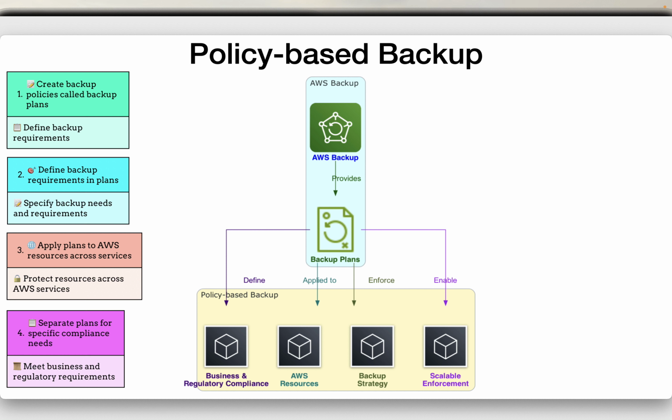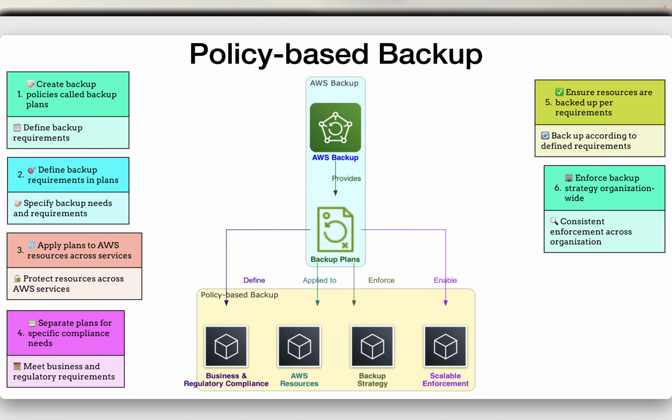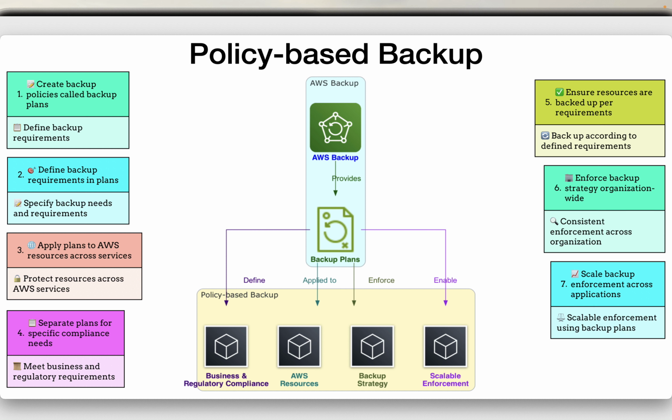You have the flexibility to create separate backup plans, each meeting specific business and regulatory compliance requirements. This approach helps ensure that each resource is backed up according to your defined requirements. Backup plans make it easy to enforce your backup strategy consistently across your entire organization. You can also enforce your backup strategy across your applications in a scalable manner using backup plans.